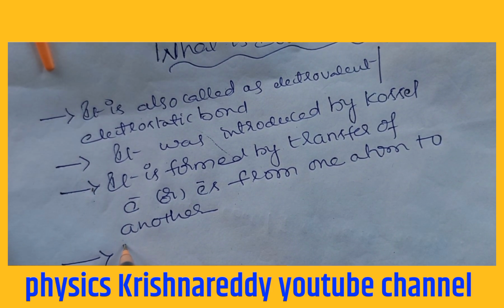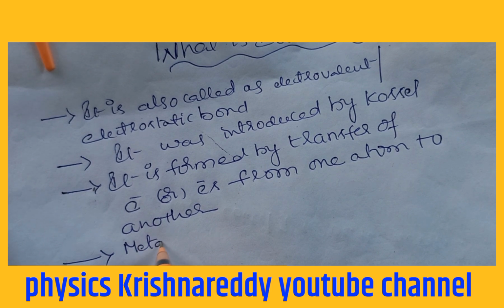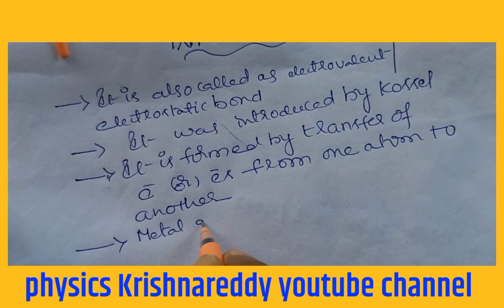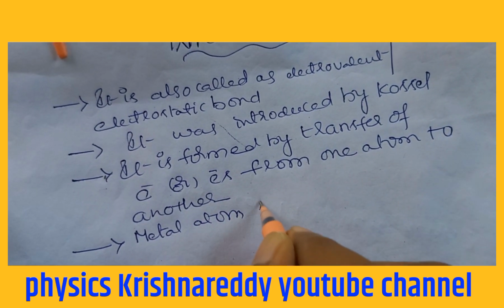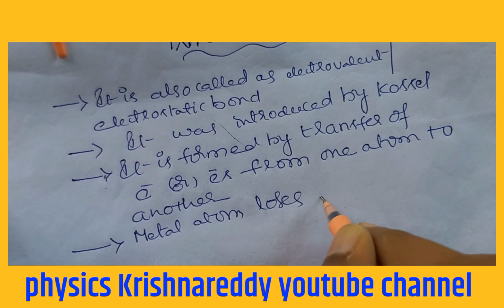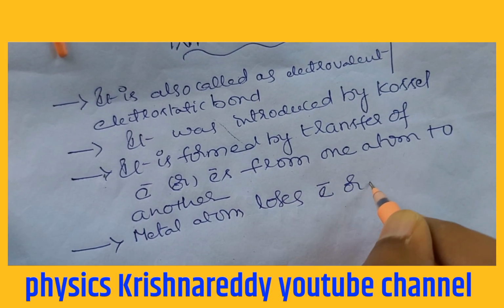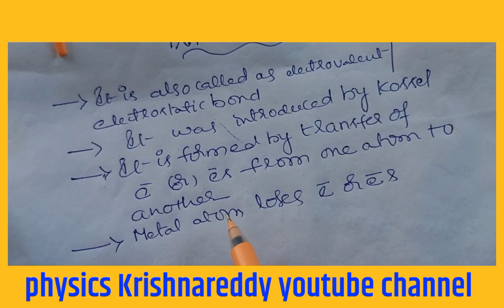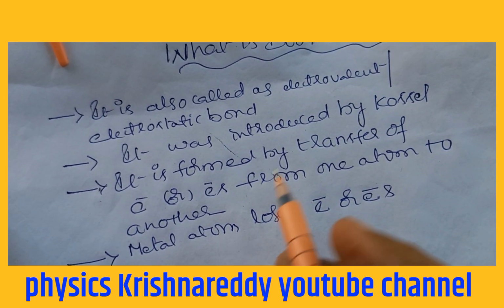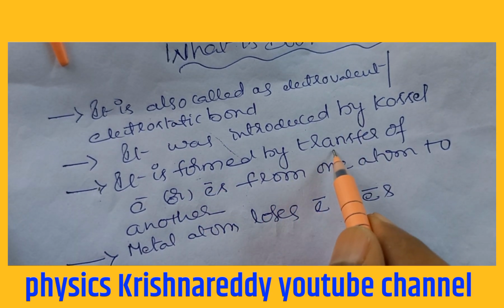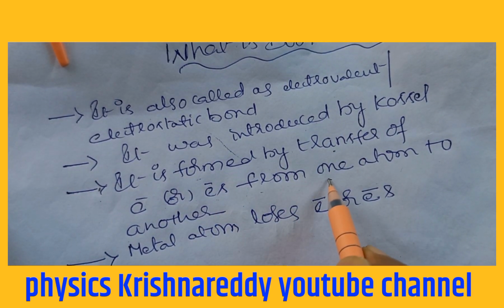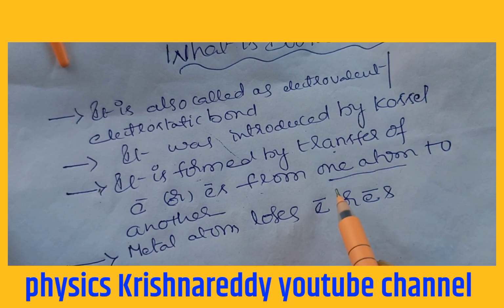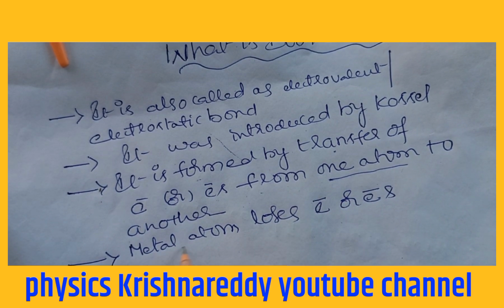Here the metal atom loses electron or electrons. So ionic bond is always formed between metal and non-metal atom. But here it is written, it is formed by the transfer of electron or electrons from one atom to another atom. So the atom which transfers electron is a metal atom.